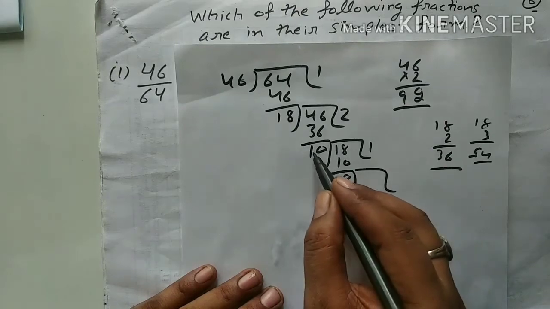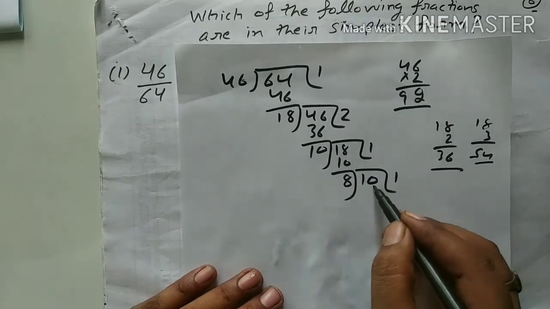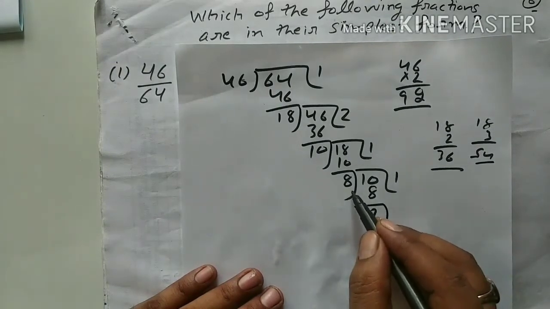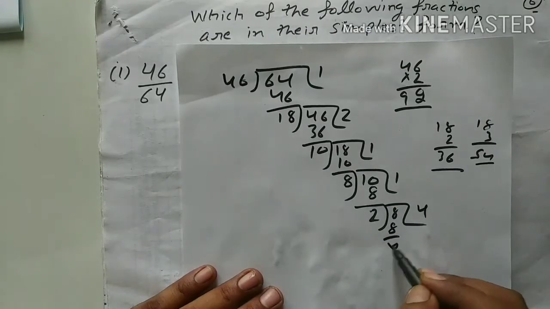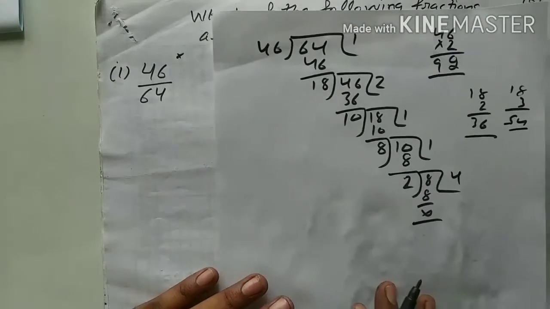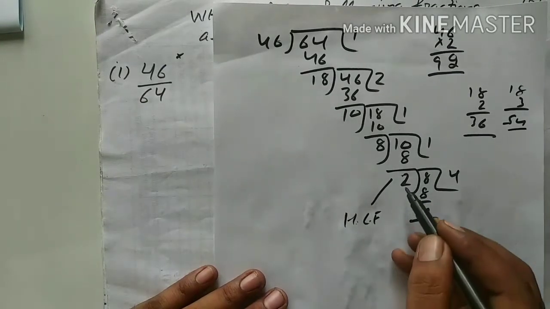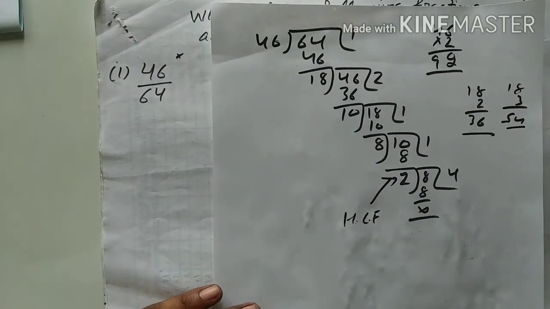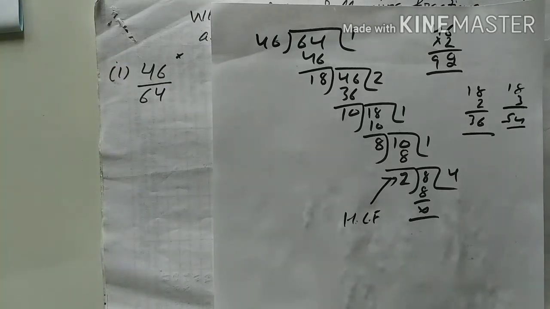I will divide the earlier divisor with this remainder. Now 2. Now again I will divide 8 by this remainder. Here I get 0. So the HCF is 2. Now HCF is 2, but the HCF is not 1. Therefore, this fraction is not in simplest form.